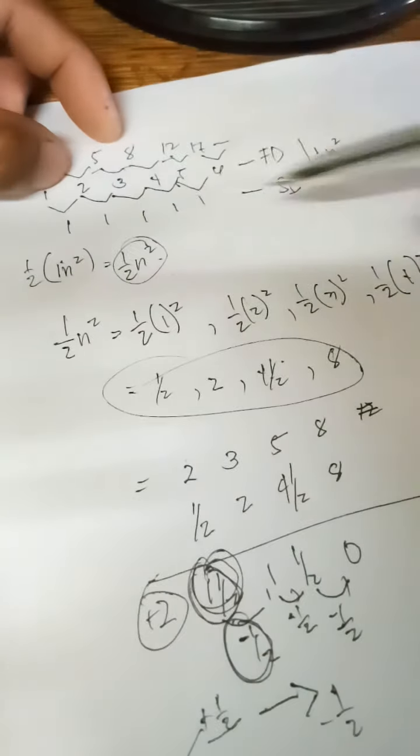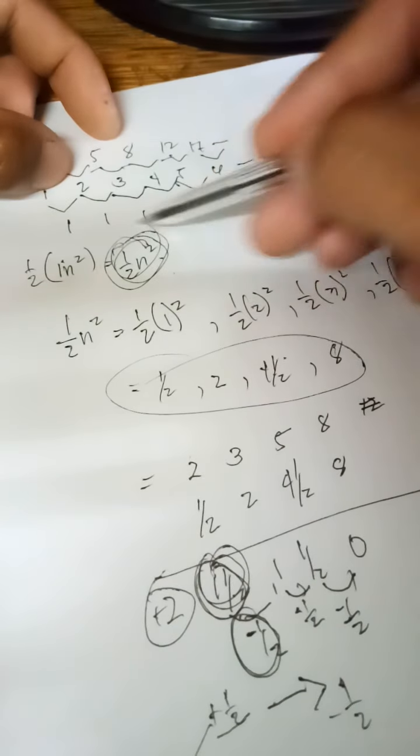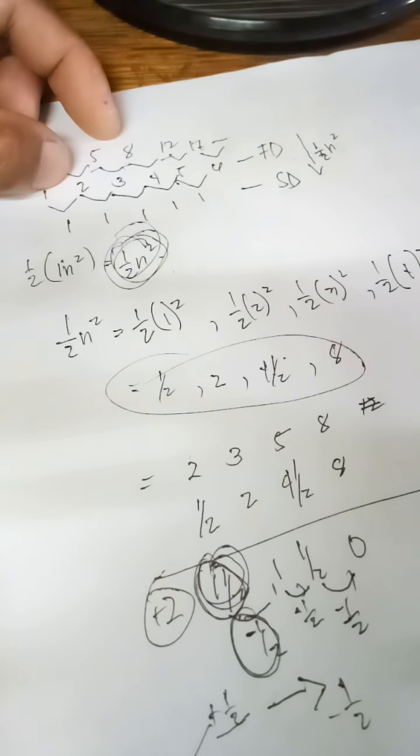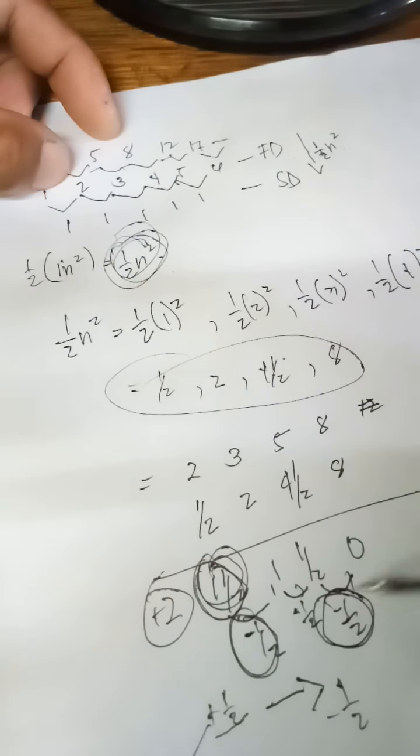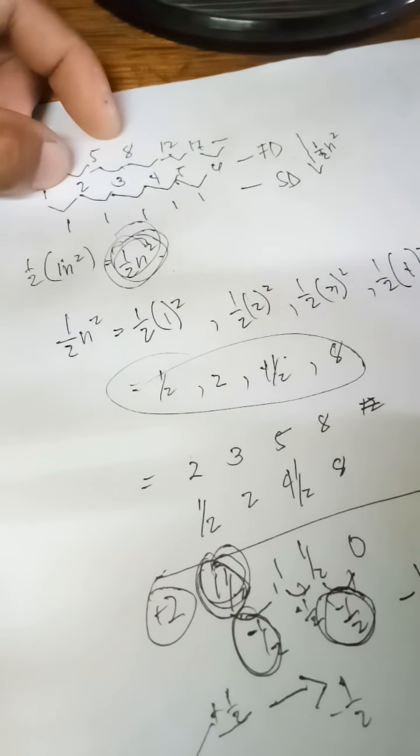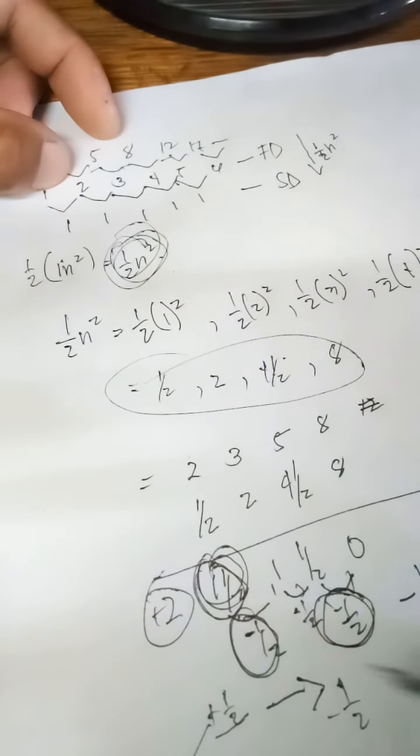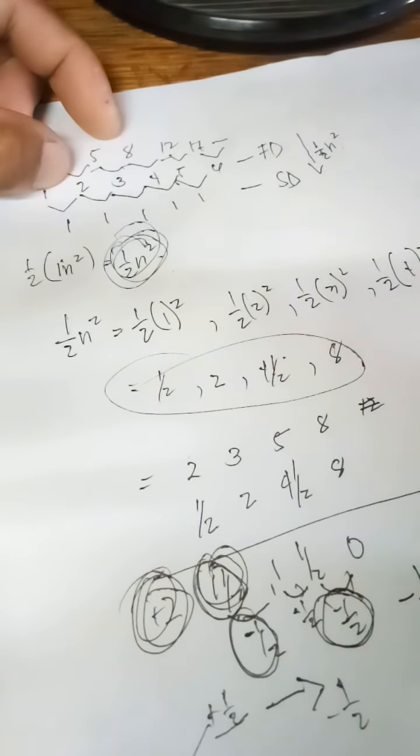So what we need to do, just simply combine the first formula followed by the second formula here. Okay, so we have negative 1 half n followed by positive 2.